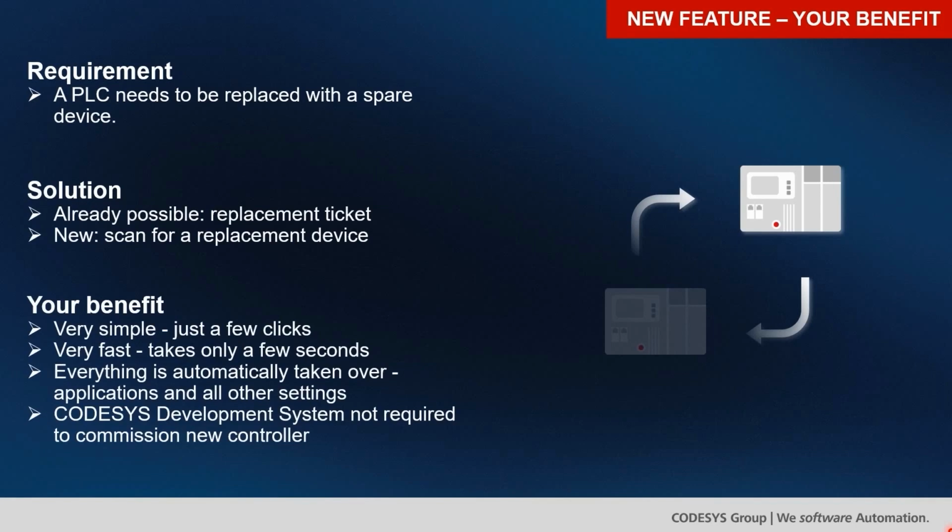This is really just a few clicks and only takes a couple of seconds, and all settings that have been related to the old PLC are automatically taken over to the new one. So for example, if there was an application running on the old PLC beforehand, it's automatically copied to the new PLC that takes over the function of the old one. And for all this, you do not need a CODESYS development system at all.